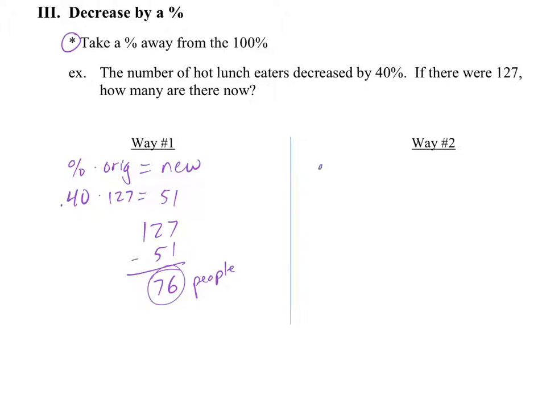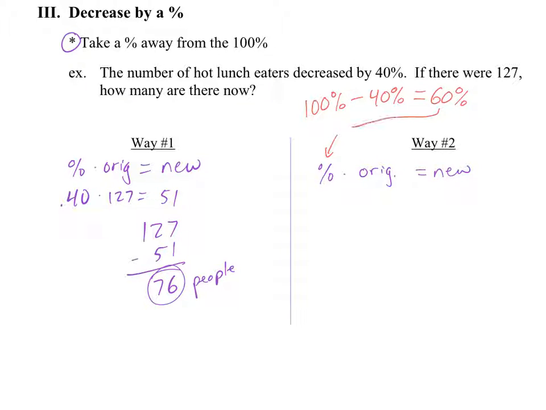The way that I like a little bit more, personally, is percent times original equals new. And I'm going to put this in red for dramatic emphasis. Lots of people put in a 0.4. But from 100. So it's 100%. Originally, we had 100% of people that were doing this. We took off 40%. 60%.